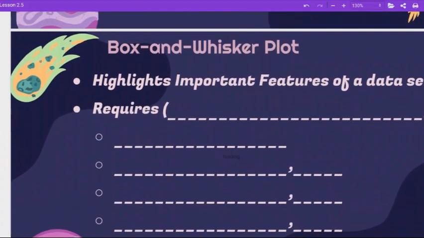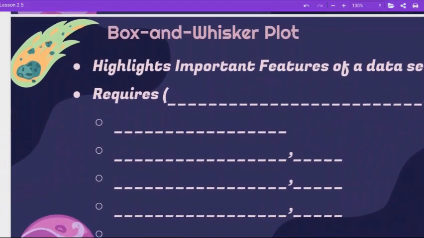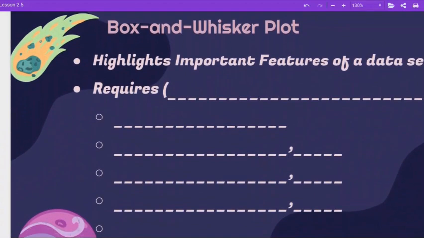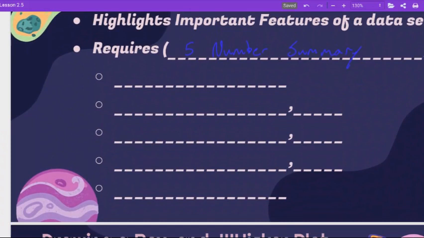All right, and then we're going to use what we call a box and whisker plot. Okay, it highlights important features of the data set and it requires a 5-number summary. Okay, so that's going to include the minimum value.